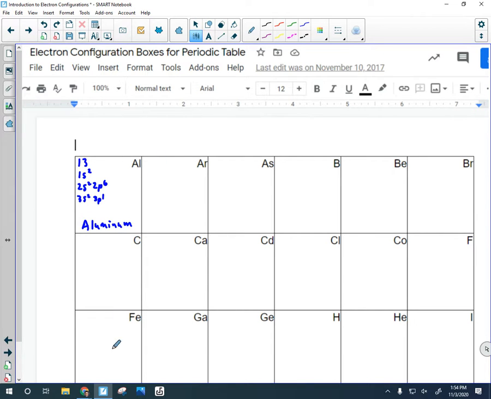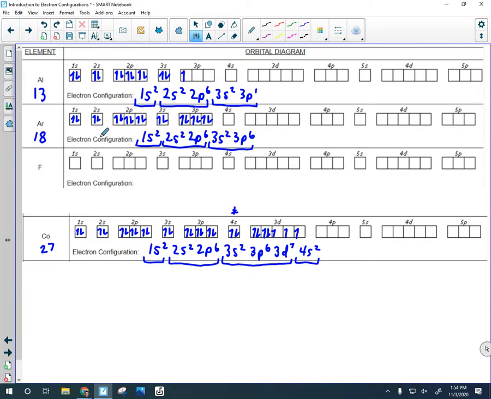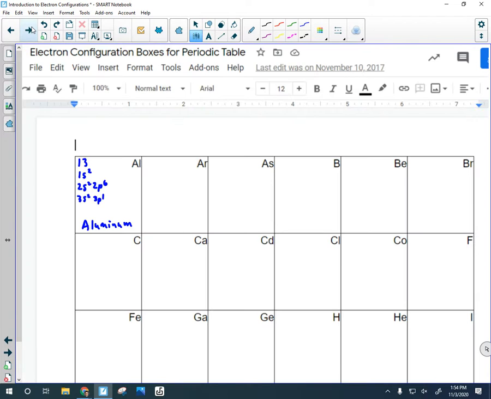So for argon, these are actually listed alphabetically by symbol, okay? So argon we also did on the previous page, right? It looked like this. So I'm just gonna write 1s2 on the first line. And then I also want to go ahead and note the atomic number in the upper left corner. So I'm going to write 18. I'm going to write the full name, argon.